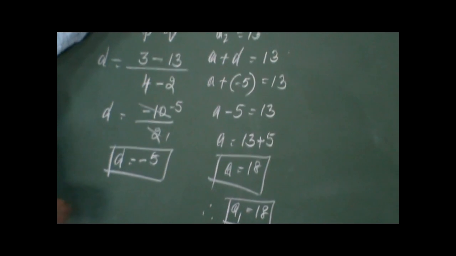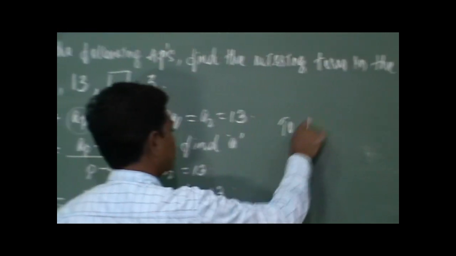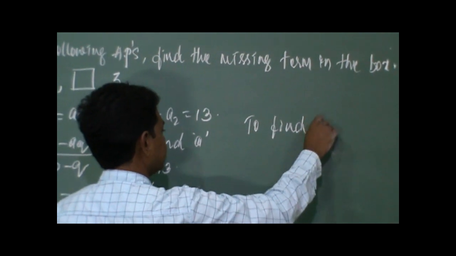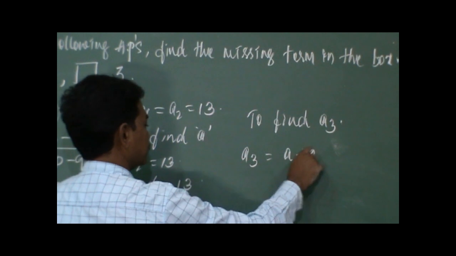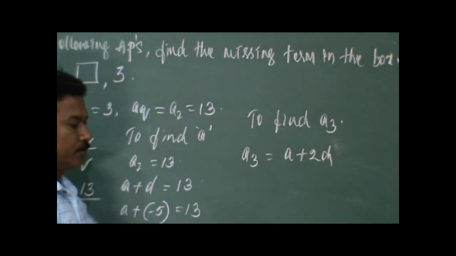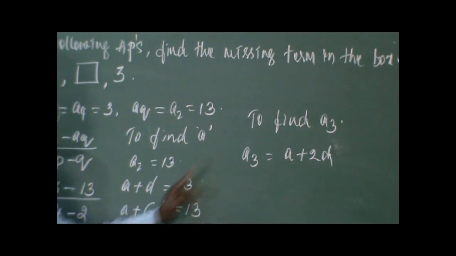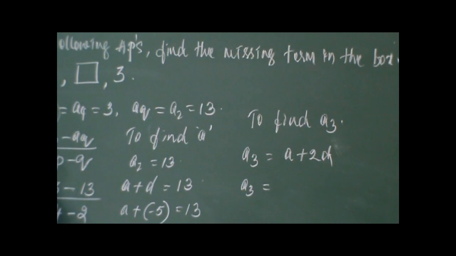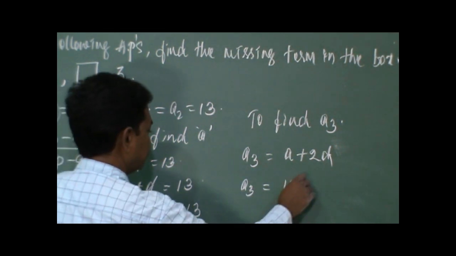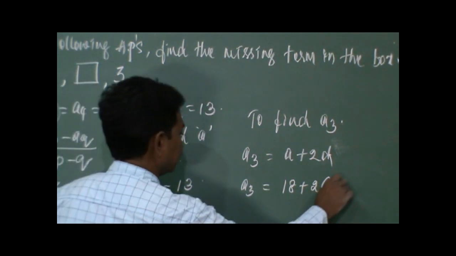So you have to find out the third term, A3. A3 can be defined as A plus 2D. Two times the common difference added to the first term is the third term, right? So A3 is equal to the A value is ready, that is 18, plus 2 into the D value, minus 5.